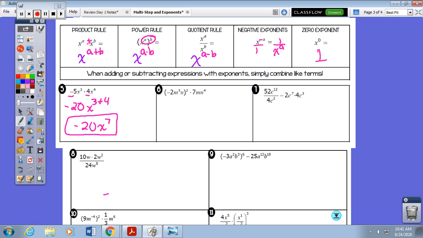So number 6, make sure that you distribute this 2 to all 3 pieces, even this number in the beginning. So it's -2 squared, m to the 3rd multiplied by 2 squared, n to the 1 squared.